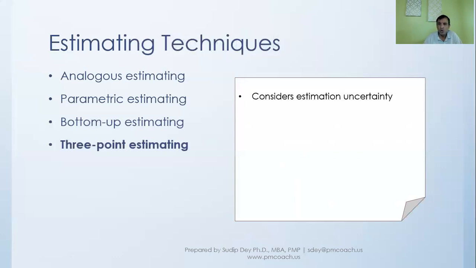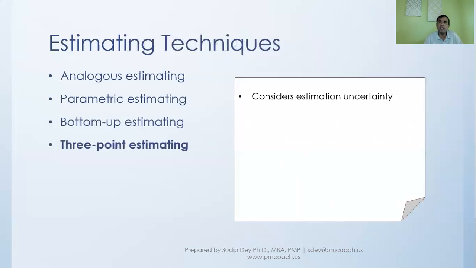Now, we cannot say for certain what will be the time that will be taken, because even though the team member knows exactly how to do it, there can be some element of uncertainty.